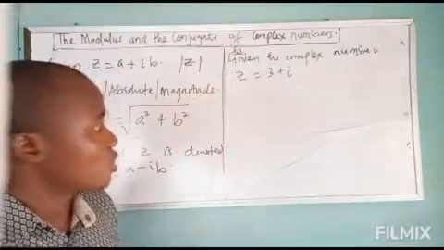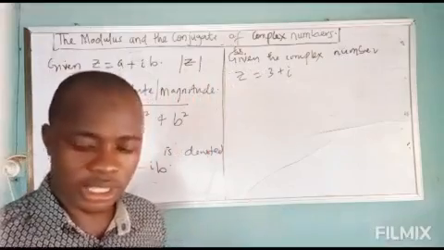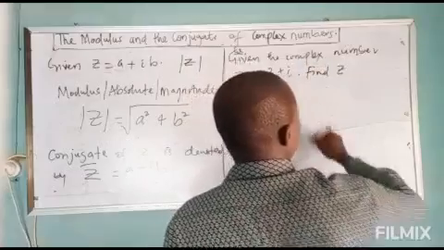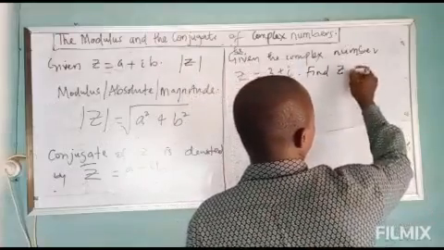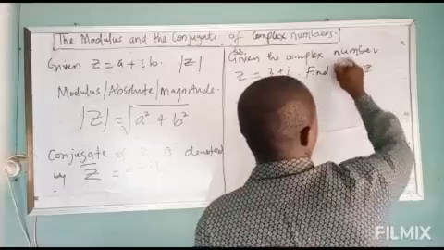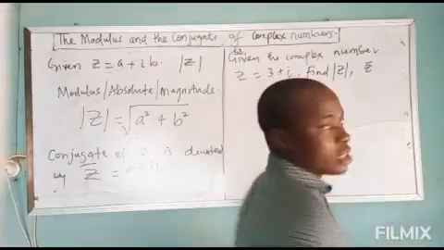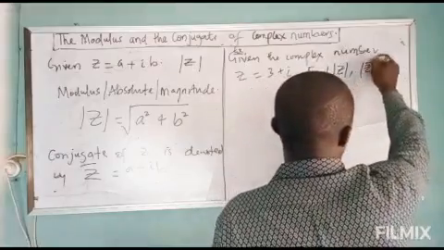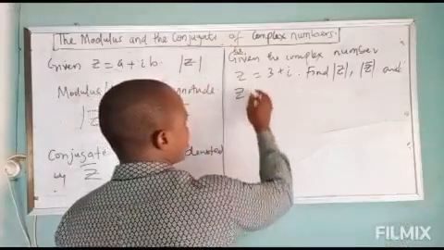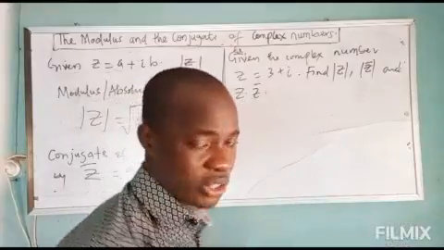Now they ask us to find the absolute value of z, as well as the value of z conjugate, and z dot z conjugate. So that is what they ask us to find.